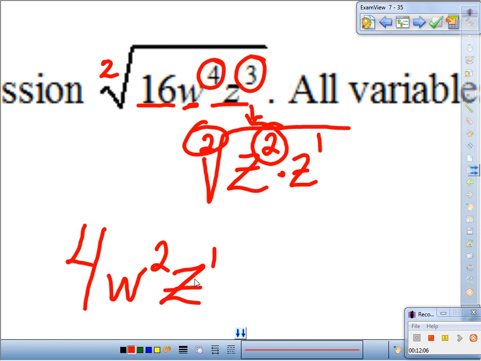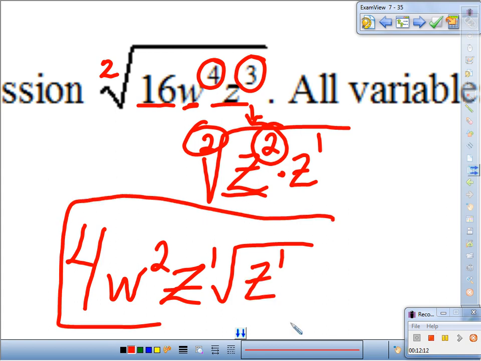So that's z to the 1st. We're done with this one. What's left by itself? Radical z to the 1st. And we got that? Okay, good. Yes? The 1 as the exponent? No, you can write z and z. That's fine. Without the exponent of 1. Go to number 8.